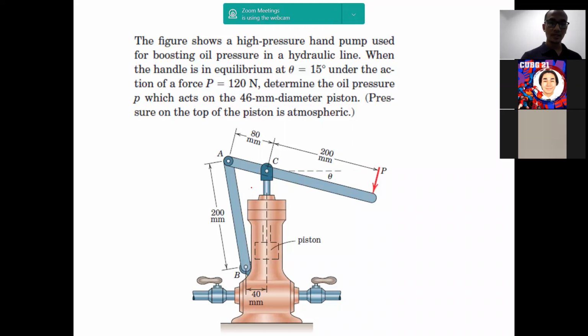So basically, as you can see here, it's AB. There is a pin at A and B, and there is no friction there. But if we take a look at C, the rod C until the piston, if we draw it, it's supposed to be more or less like this.